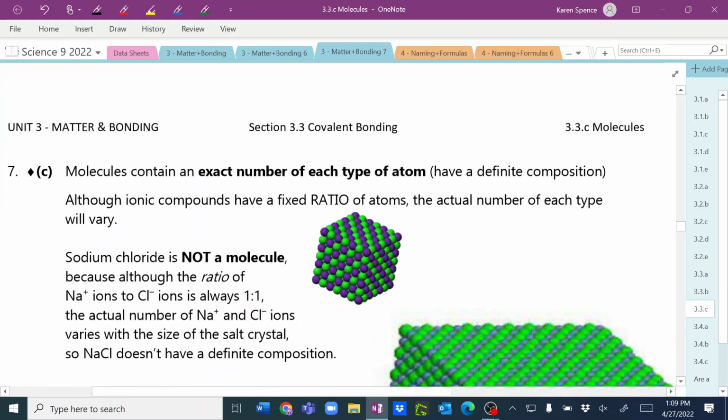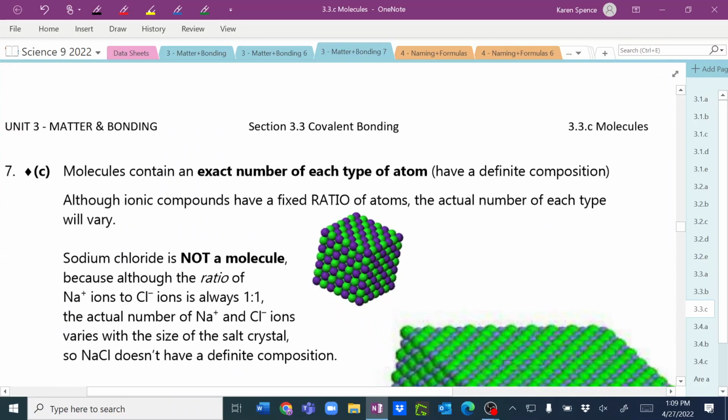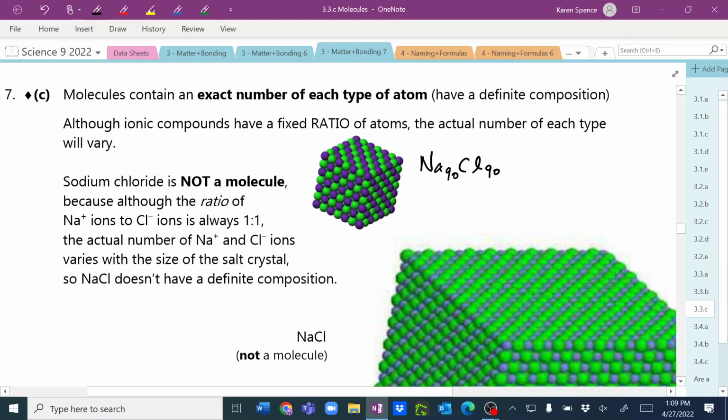This is enriched. Molecules contain an exact number of each type of atom. Although ionic compounds have a fixed ratio, maybe we have Na90 to Cl90, and that's ionic. We could have a bigger crystal, which is Na1000 to Cl1000.